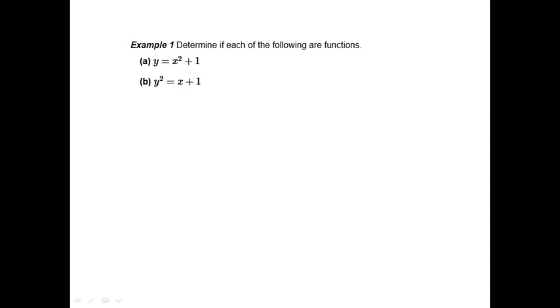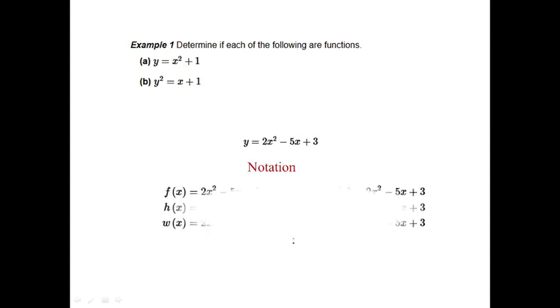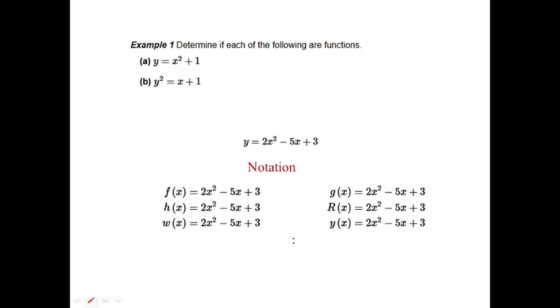Determine if each of the following is a function. Here we have y is equal to x square. Now let us first use the symbolic notation. What is the symbolic notation for functions?